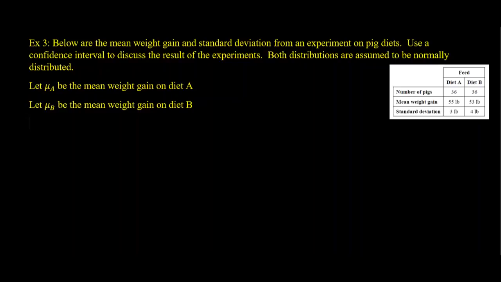So of course, before we do anything, we need to check the conditions. The data was collected from an experiment, so it's reasonable to assume the data was from random samples.